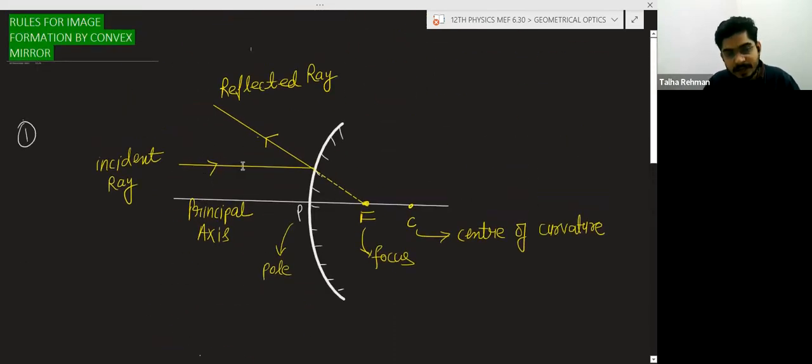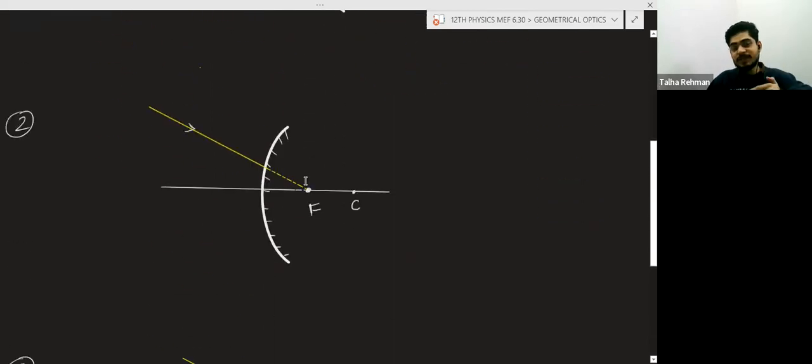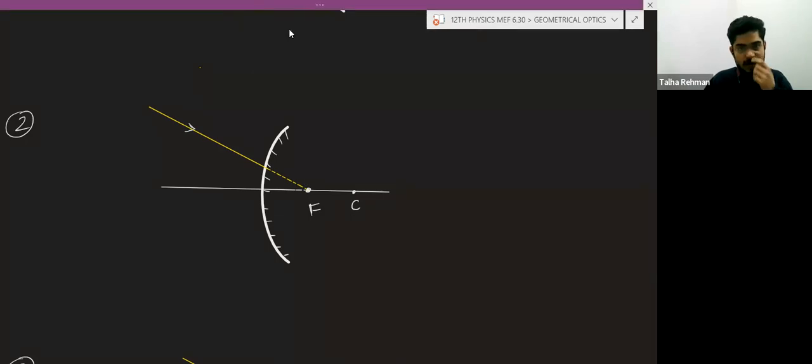A ray of light is parallel to the principal axis, and after reflection it appears that the reflected light is coming from the focus. But this is just the reverse case. Here, if a ray of light is going toward the focus, after reflection it will become parallel to the principal axis. At this point the reflection will take place.